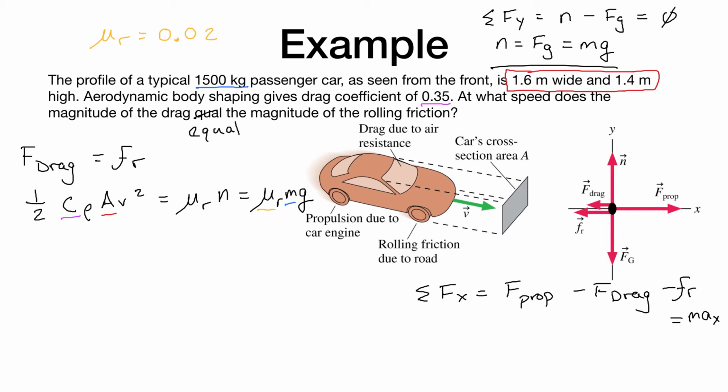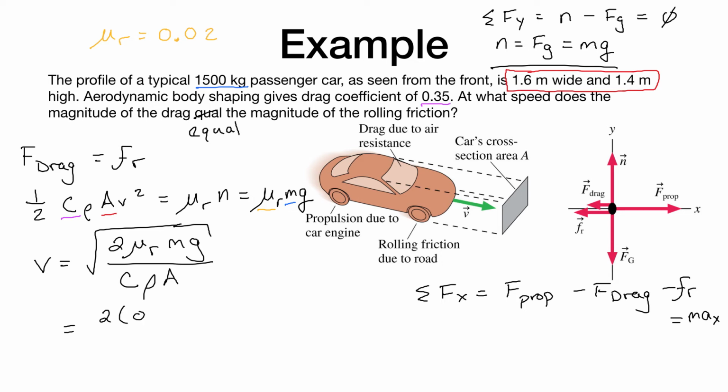So if we solve this equation for our speed, we'll find it is going to be the square root of 2 times the coefficient of rolling friction times mg divided by our drag coefficient, rho, and the cross-sectional area.